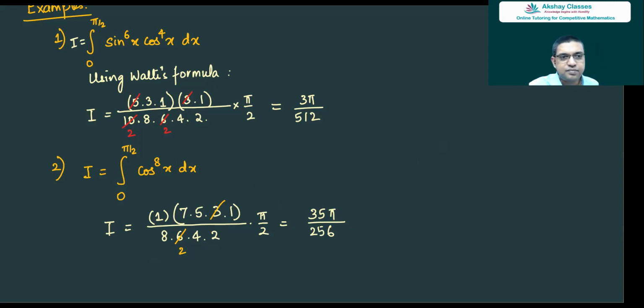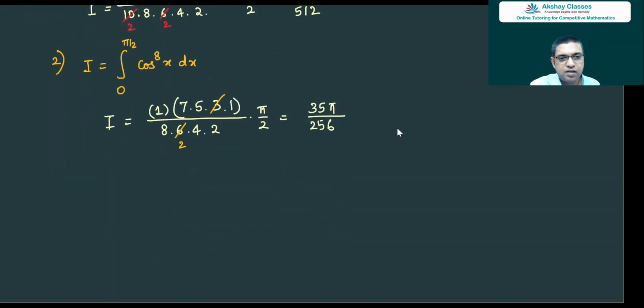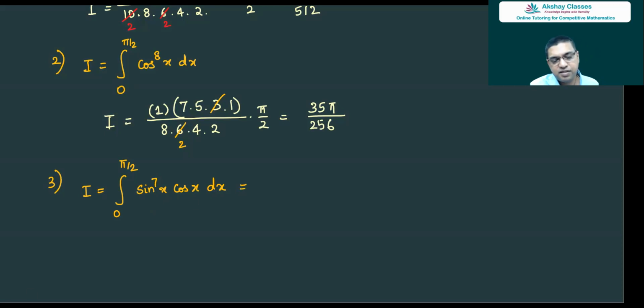Okay. One more. For those of you who finished copying, please attempt this. Integral 0 to pi by 2 of sine power 7x into cos x dx. Please give an answer to this.